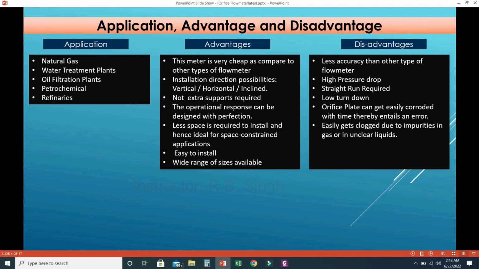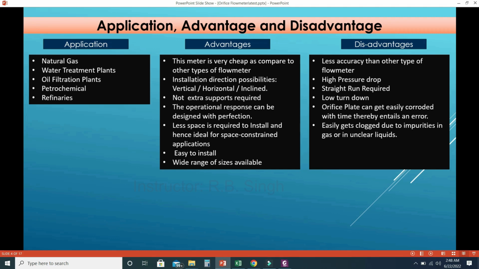No extra support is required because it has little weight, so we can directly mount it on the pipe. The operational response can be designed with perfection. Less space is required to install, hence it is ideal for space-constrained applications. It is very easy to install, and a wide range of sizes is available for orifice.